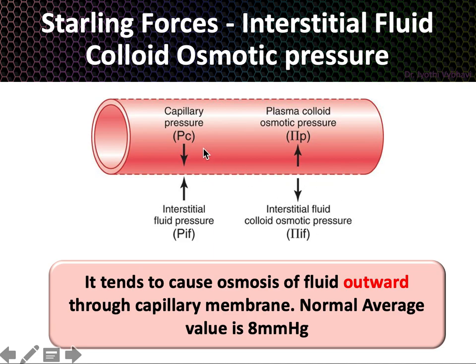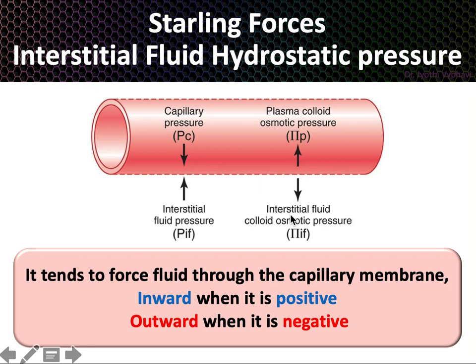Compared to the other pressures, this is small, minor, but interstitial fluid colloid osmotic pressure is an outward force, meaning it is making the fluid come outside the capillary. It is around 8 millimeters of mercury. So coming to the interstitial fluid hydrostatic pressure.